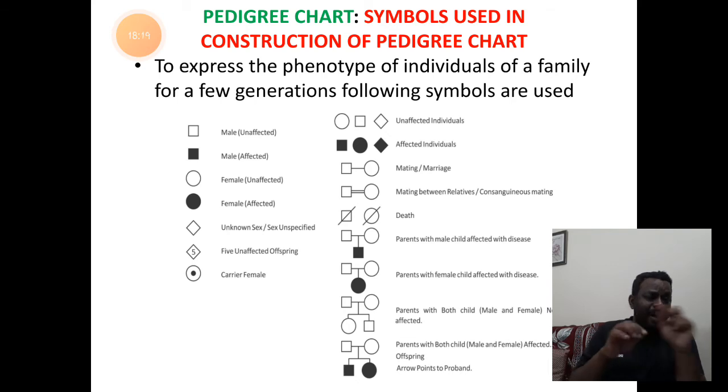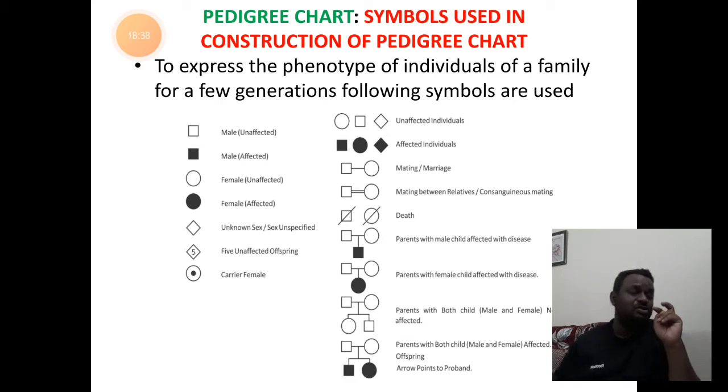From the mating line, if a vertical line descends and connects to another symbol, it indicates that it is the child born to these two parents. We have a male, a female, which gives birth to a son who is affected here.